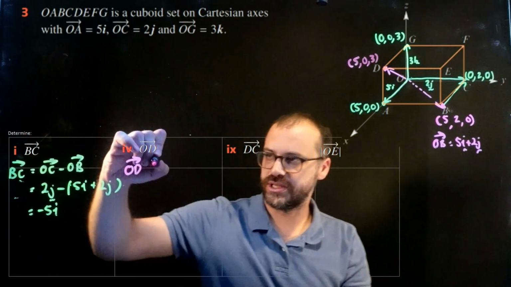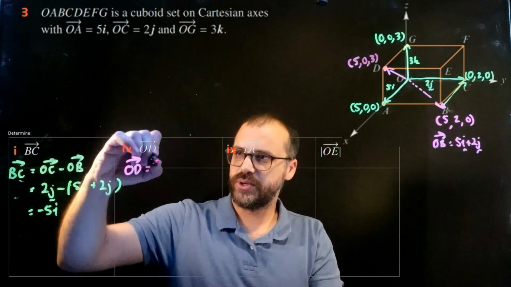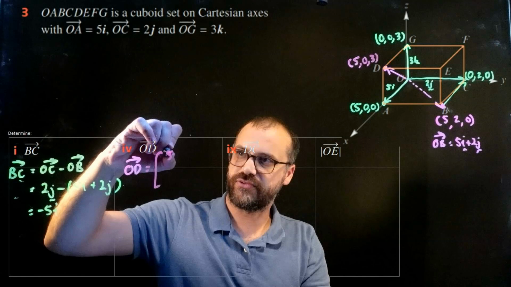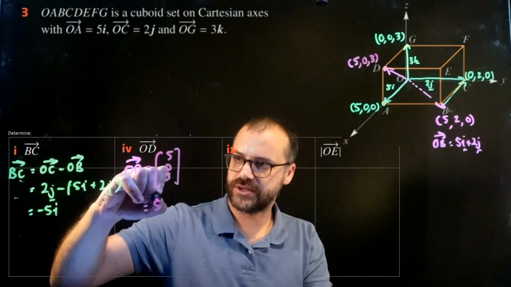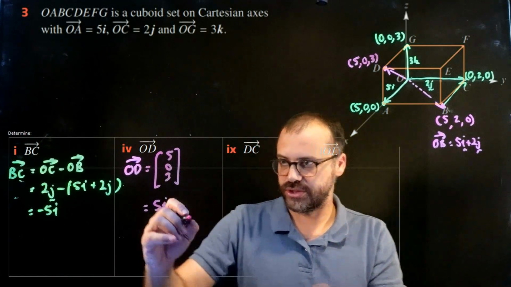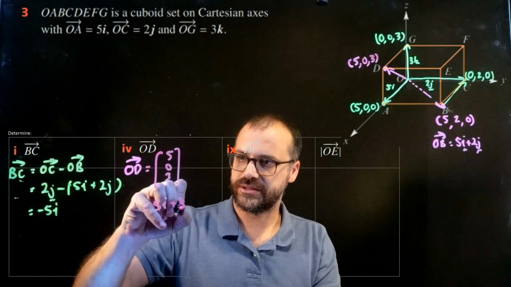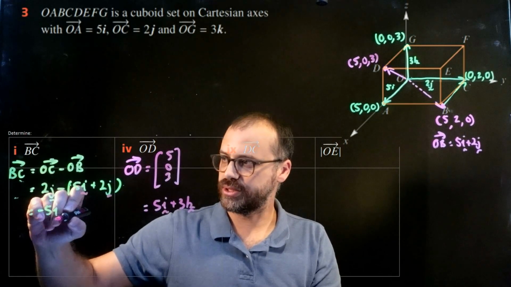So vector OD is equal to (5, 0, 3). We can also express it as 5i plus 0j, we wouldn't put the 0j in there, we'd put plus 3k. I really should remember to put my squiggles on everything.